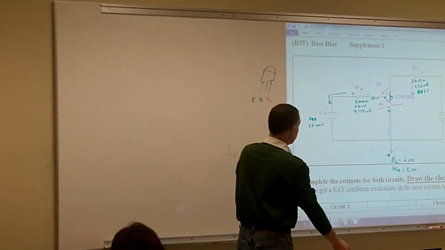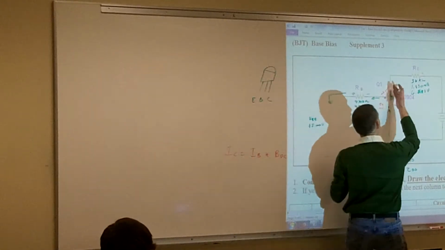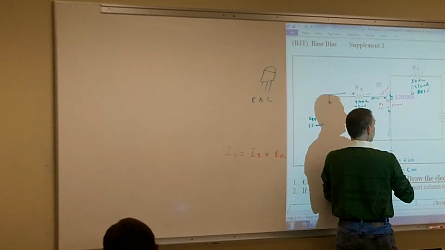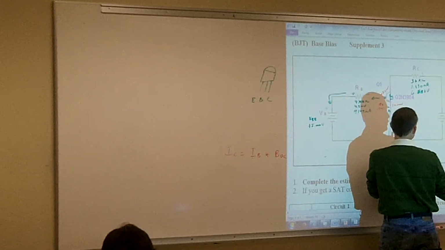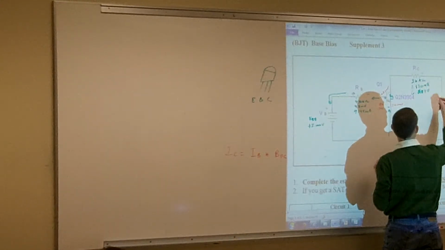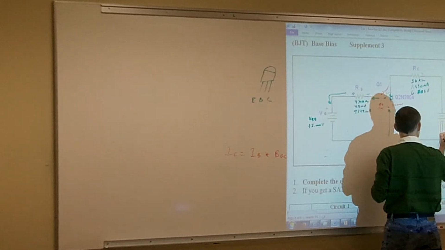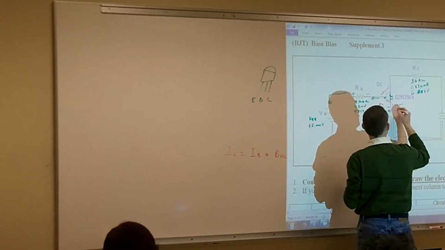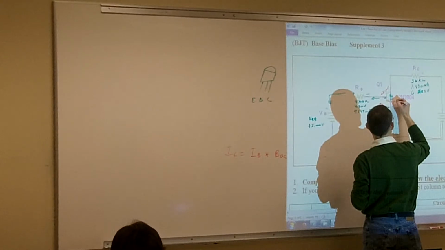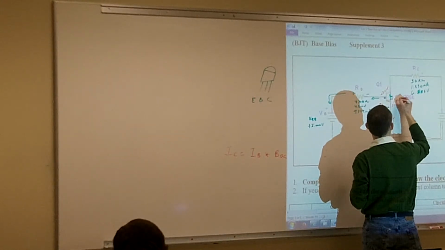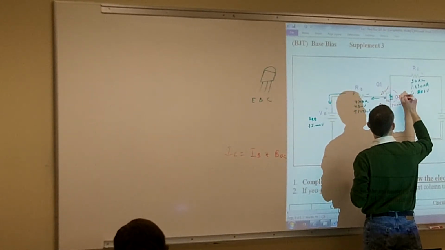Well then, since we have this variable resistance in there, we got 1.83 milliamps of current going through there. We have this current going through our collector to emitter, which is right here. Voltage of our collector to emitter.